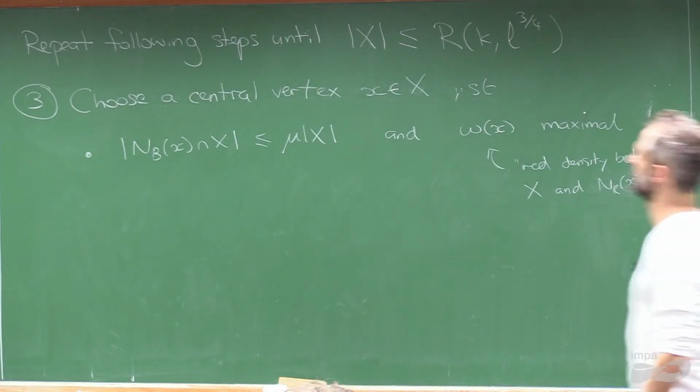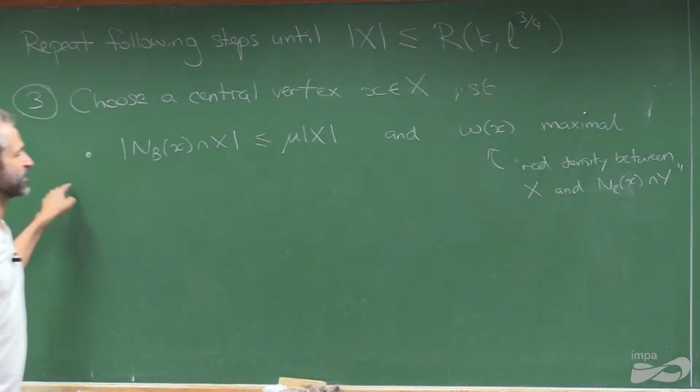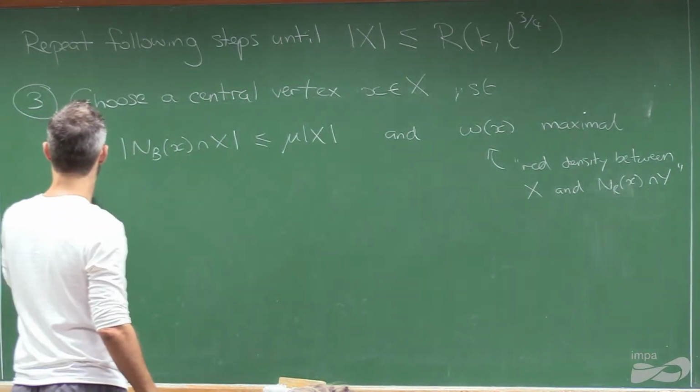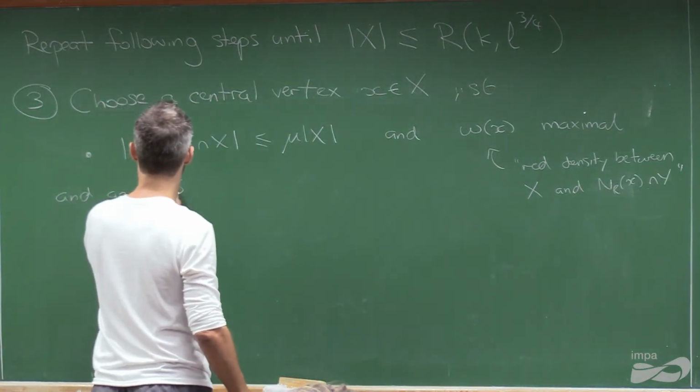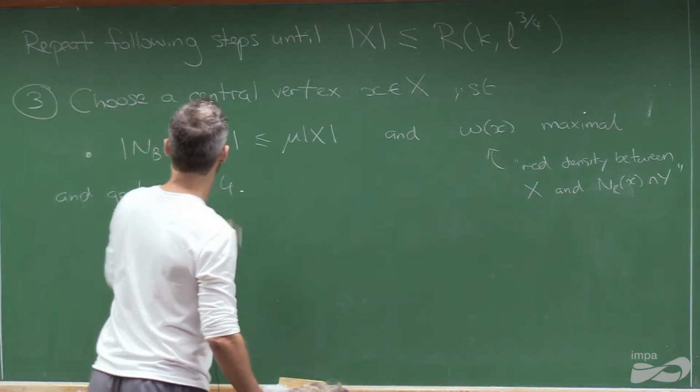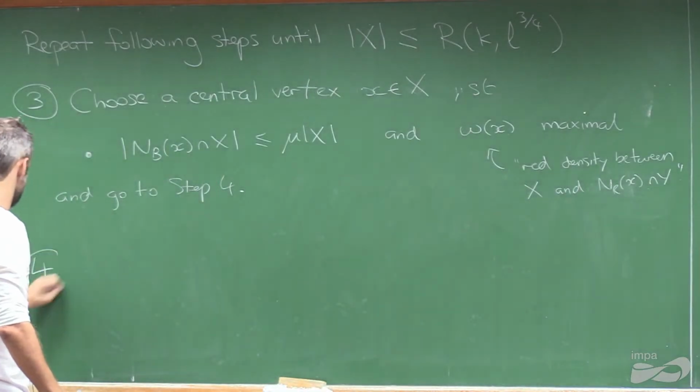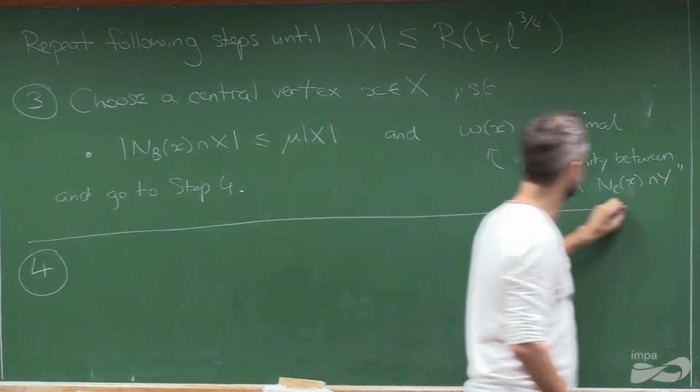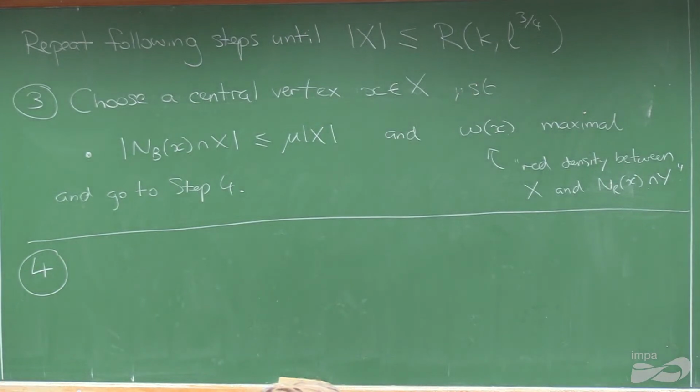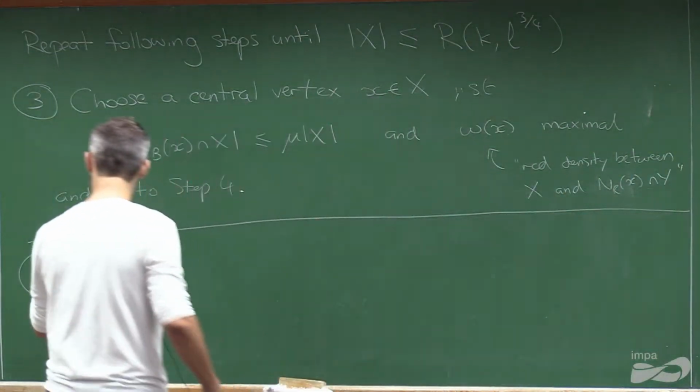Okay, and go to step 4. So we chose central vertex, went to step 4. No other choice. Now we do a red step.